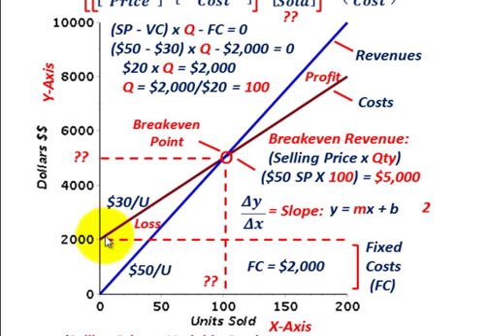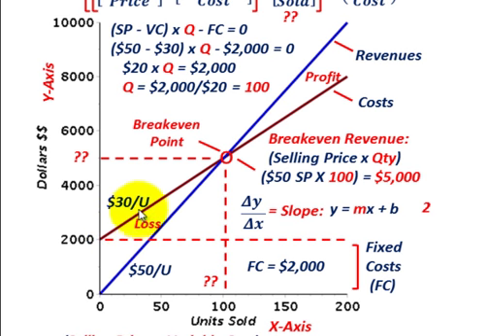Our revenues started out at 0, but when we start with our costing for those units sold, we have to start at $2,000, based on those fixed costs.